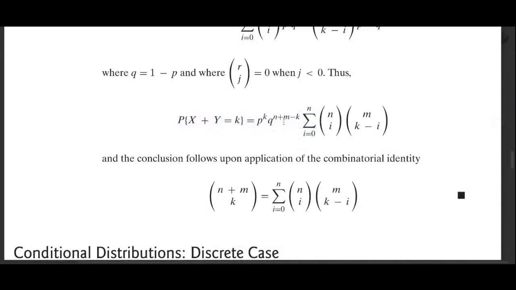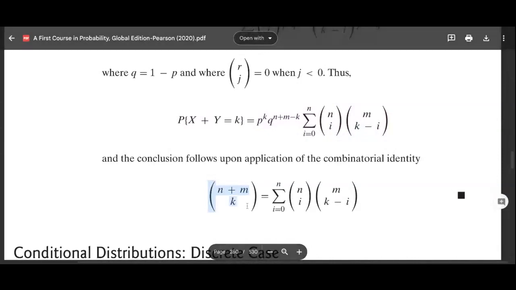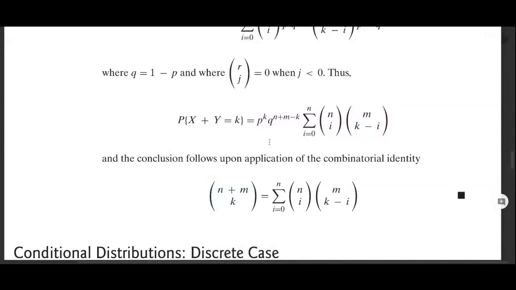Okay, so this is nice to know, right? So this one, you could just change this to n plus m choose k. It would be so nice, right? So p to the k, q to the n plus m minus k, well, q is 1 minus p. Maybe we just use p to the k, 1 minus p to the power n plus m minus k, then n plus m choose k.